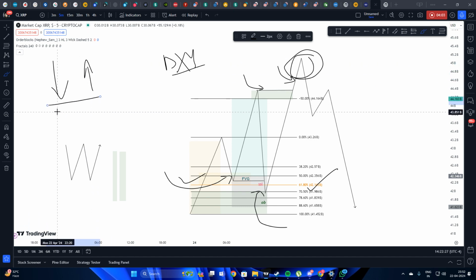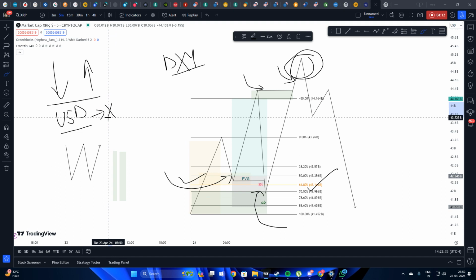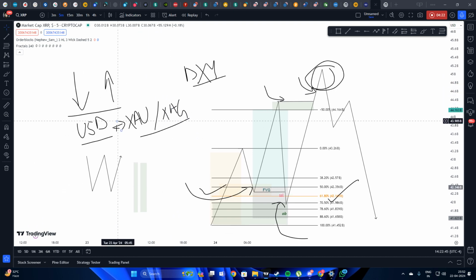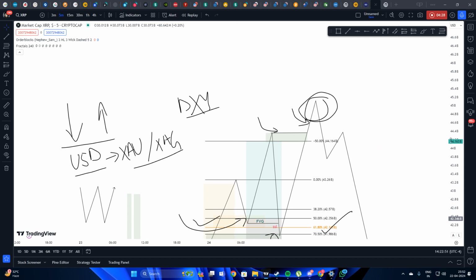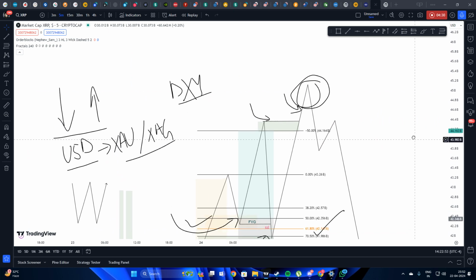Essentially, any USD pair is affected. That includes even metals like gold or silver. We'll come back to this topic of metals a little later, but here we are talking about essentially Forex.